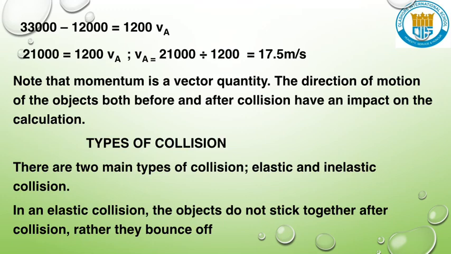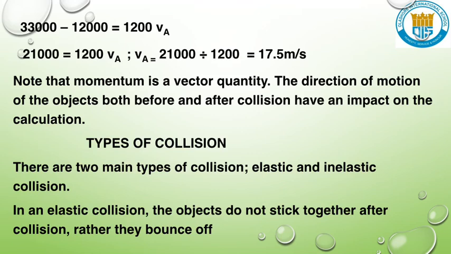We have two main types of collision. We have the elastic collision and inelastic collision. When you think of elastic, just think of something that stretches and returns to its shape. That's elastic. Stretches and returns. There's a topic in physics, elastic properties of solids. Now, in an elastic collision, the objects that collide don't stick together.